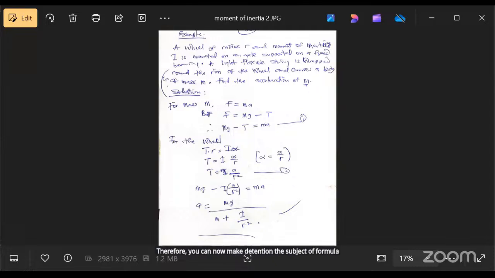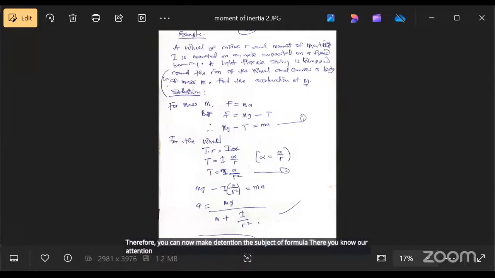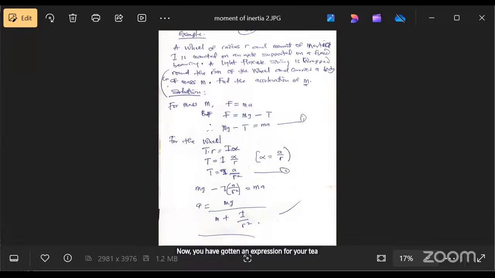Then you have tension equals I, A all over R squared. You replace that alpha with A all over R, then it becomes A over R squared multiplied by the moment of inertia, I. Now you have gotten an expression for your T in equation 2.